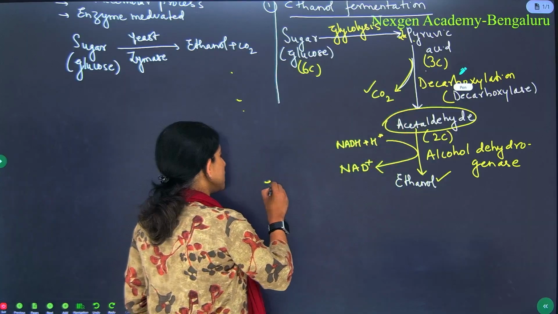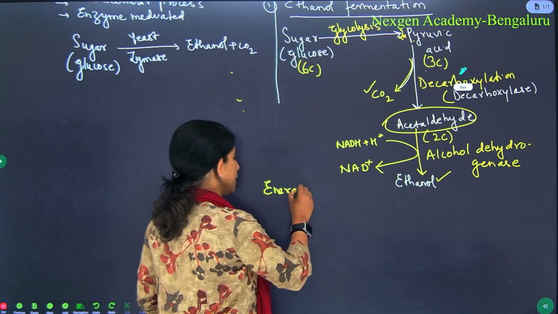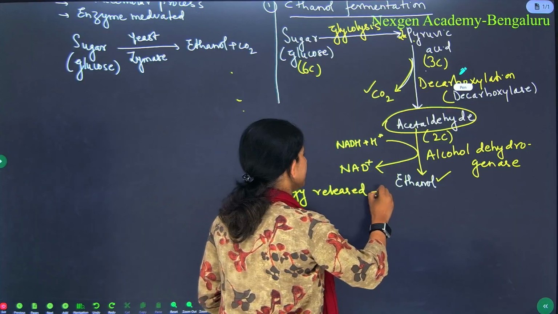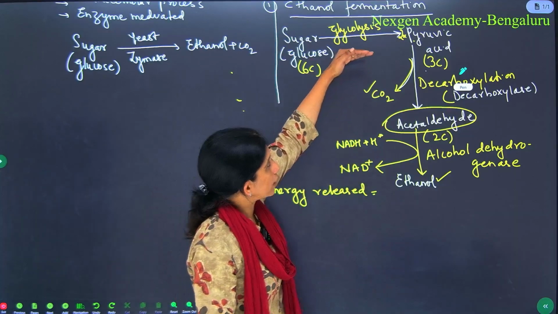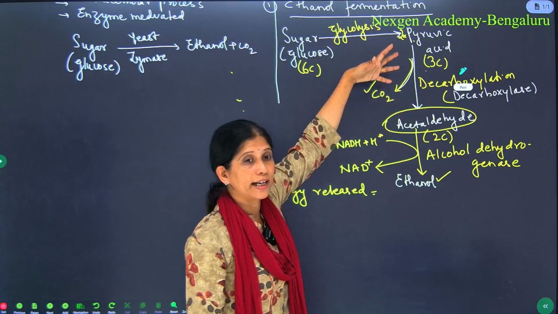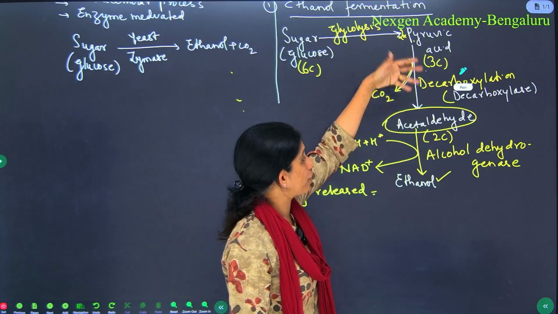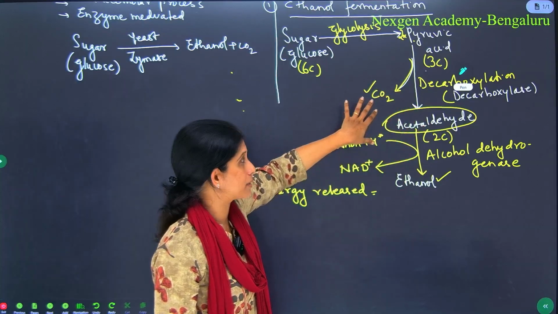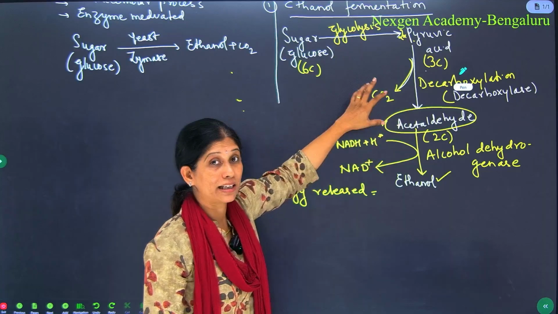So energetically, when we talk about how much energy is released here, you cannot see any energy or ATP getting released from pyruvic acid to ethanol. You cannot see any NAD plus or NADH being released or any ATP being released.